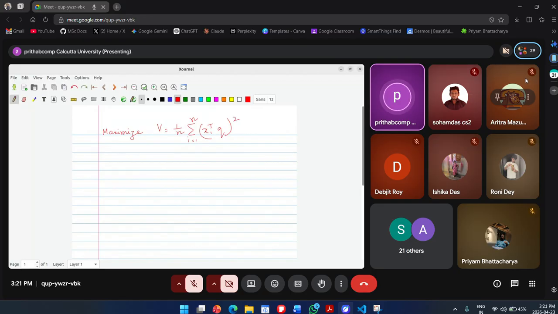Now this variance, obviously it must be greater than or equal to 0 because I am doing a square.